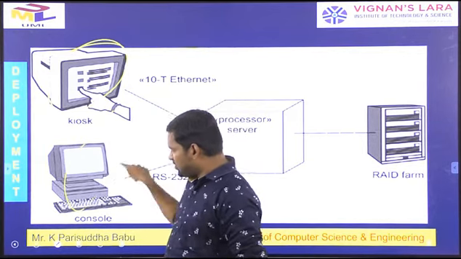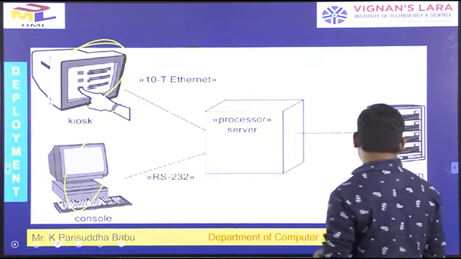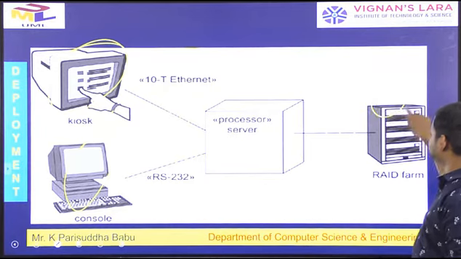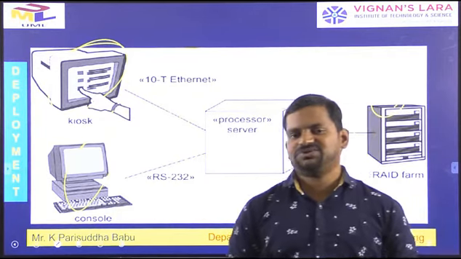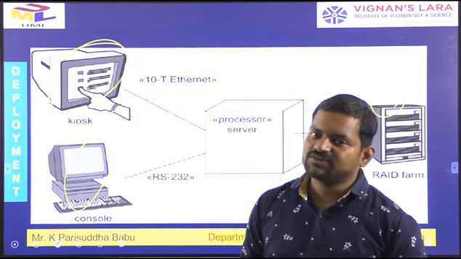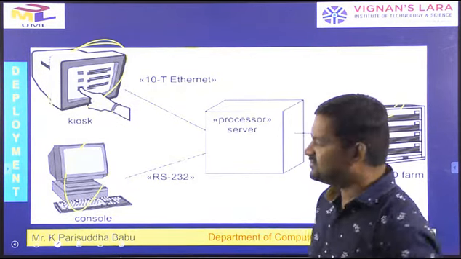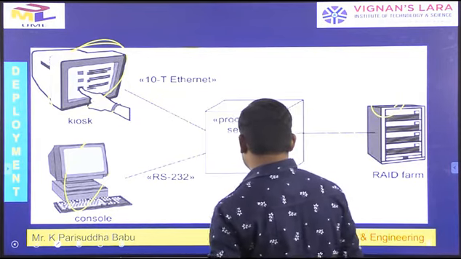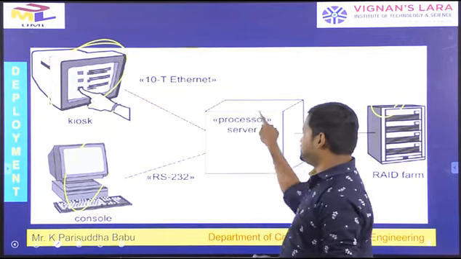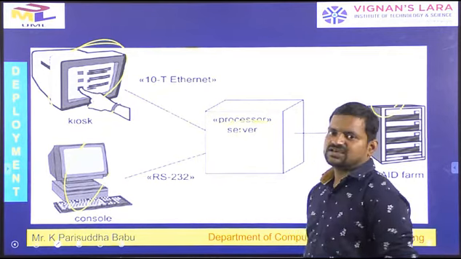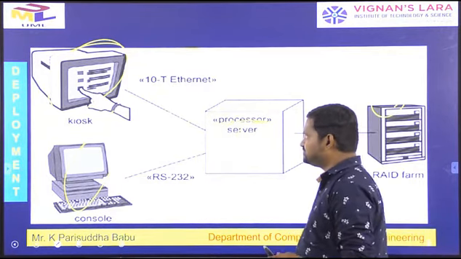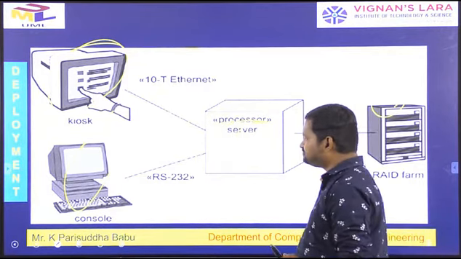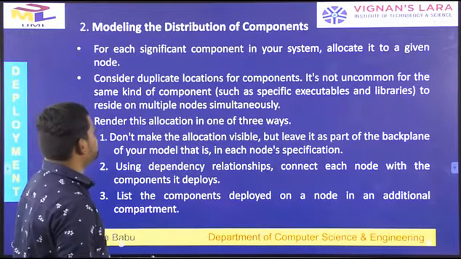This is one icon of the console system, and this is the icon of the RAID farm system. That iconic representation is also given while designing the computational resources with the processors. Processors are the servers. You have to represent the iconic representation with the help of the relation, association, relationship.